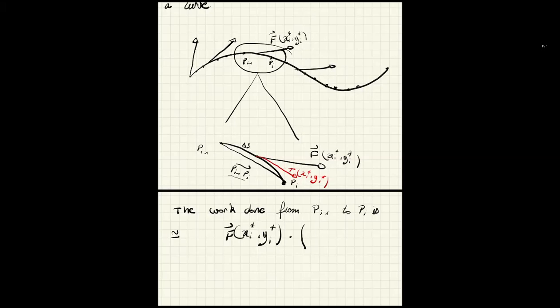So what is this vector? It's approximately given by the tangent vector, because we would like to have a direction for it.